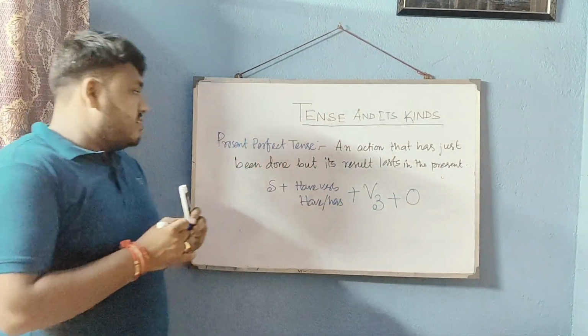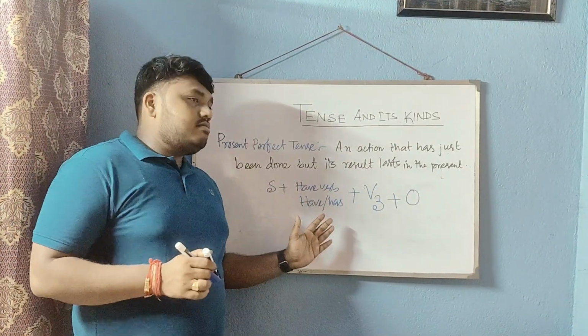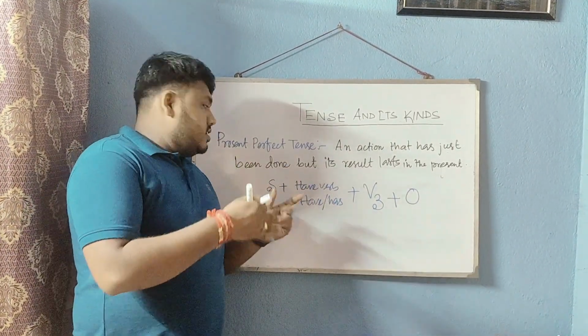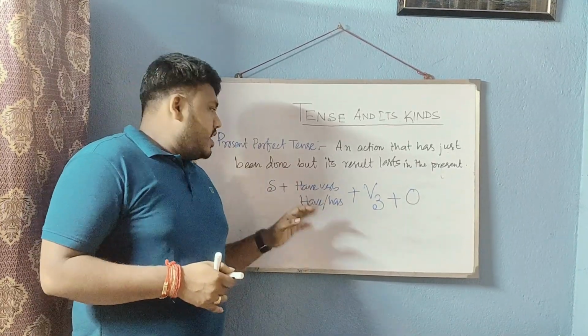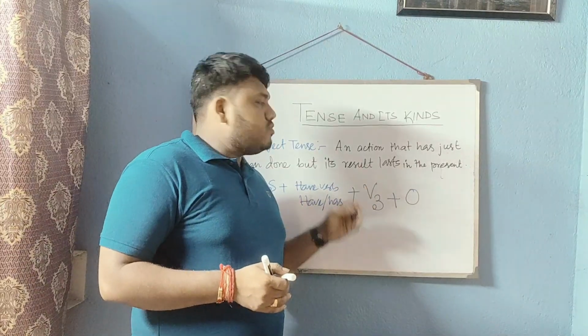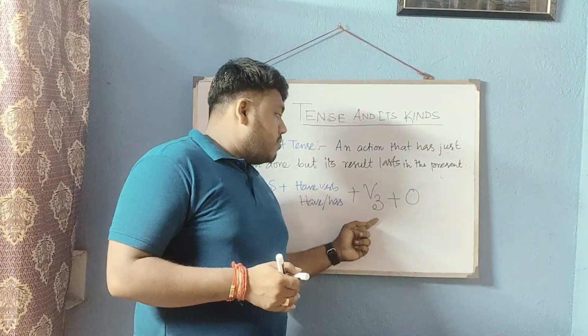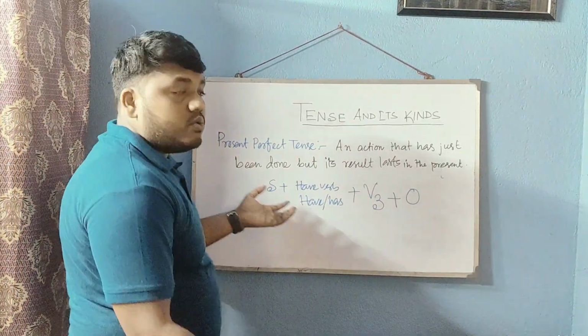So this is the rule of the present perfect tense. Have and has are used according to number and person. The third form of the word, which is a finite word, so it has different forms, the past participle form of the word, and object.